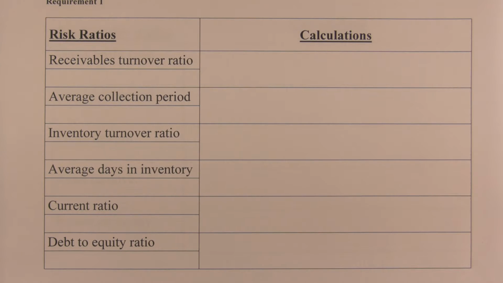Exercise 12.5 asks us to look at some common risk ratios. Whenever I'm doing ratios, and I've done them all 1,000 times, if not 100,000 times, I just make sure I know what numbers I'm looking at.